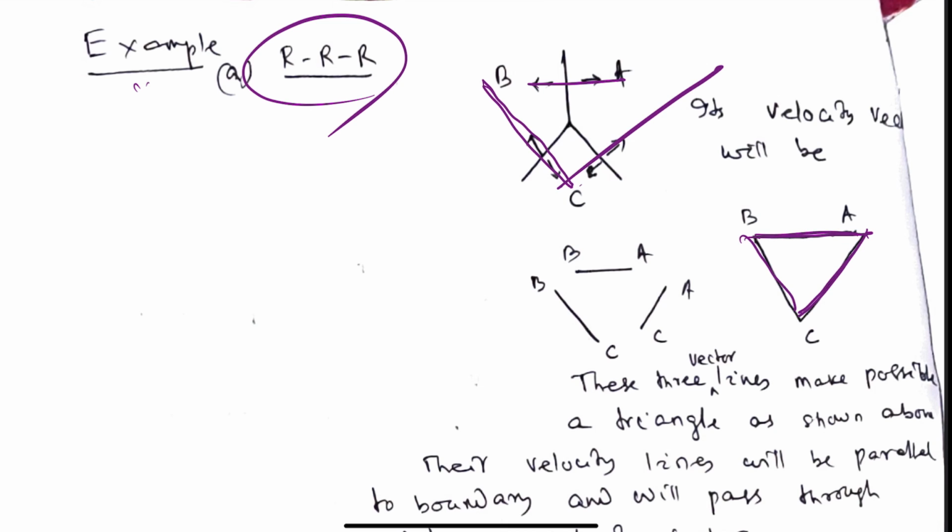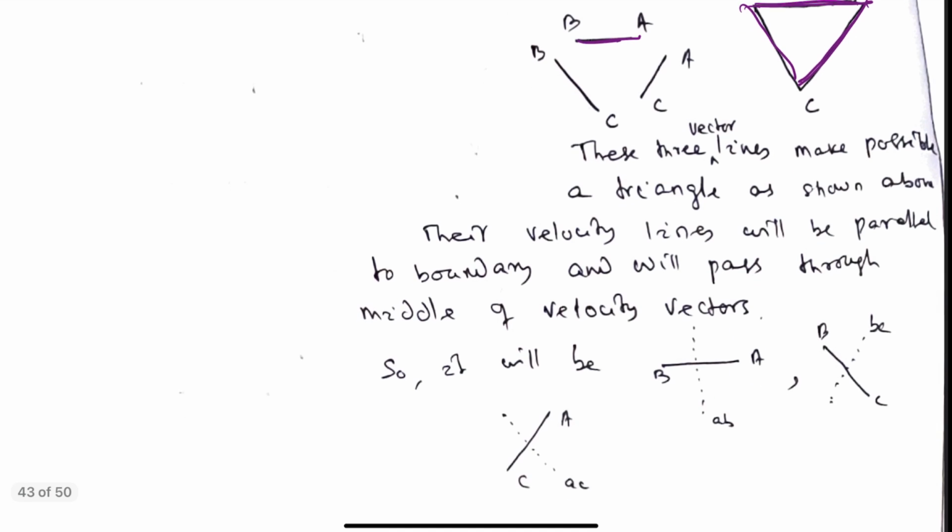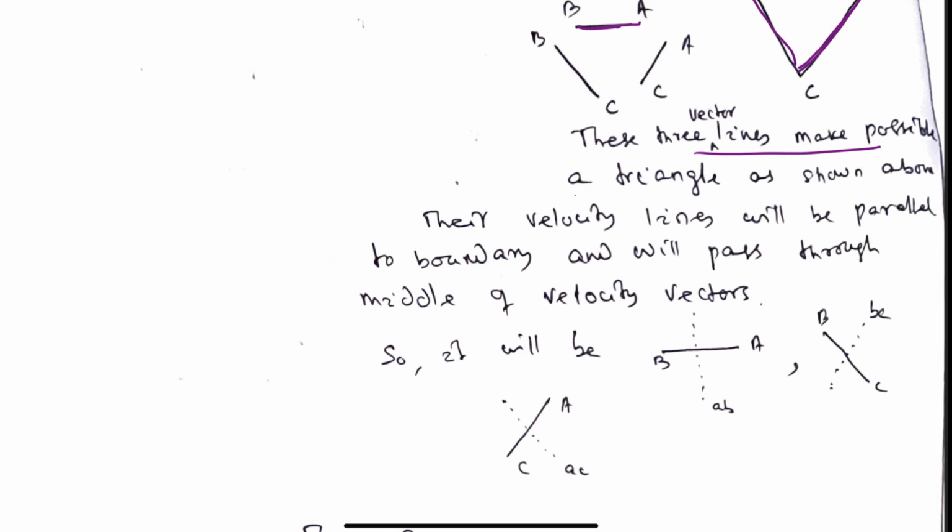This is a triangle. So the first condition is satisfied: the velocity vectors make a triangle. We have to fit these velocity vectors to form a triangle. These three vectors make possible a triangle as shown above.